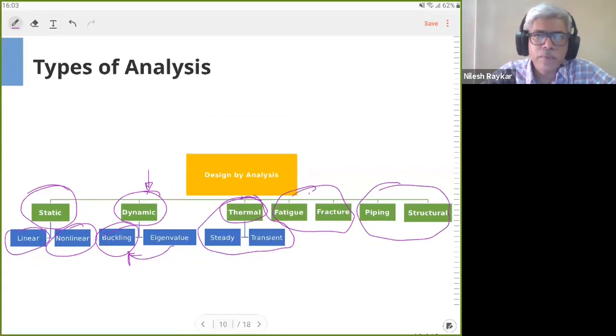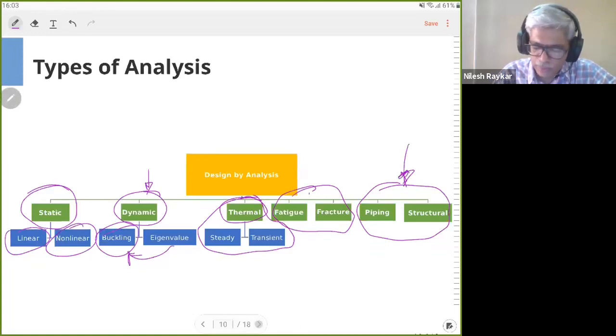General purpose software like ANSYS can do this analysis, but the piping and structural analysis software are heavily integrated with the design codes. So that way they are given a separate position.